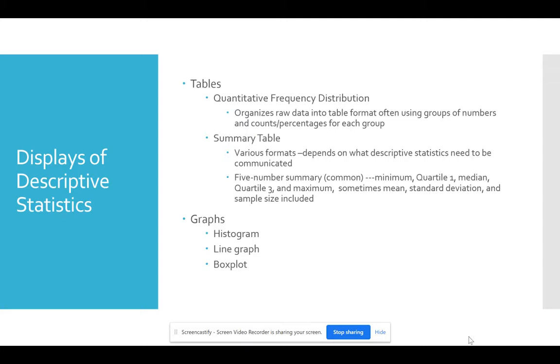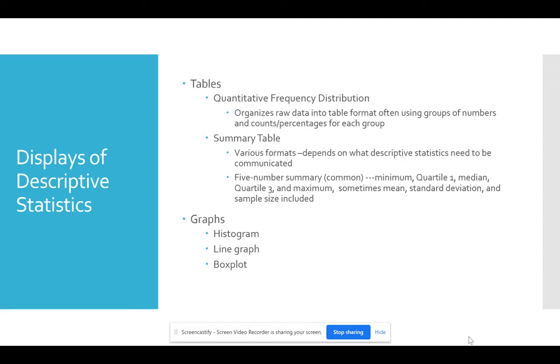You'll also sometimes see, and it's no longer a 5-number summary then, that they'll also include the mean and the standard deviation as well as the sample size. Again, it's important to know the mean, the standard deviation, and the sample size because those pieces of information are often used in other statistical calculations.